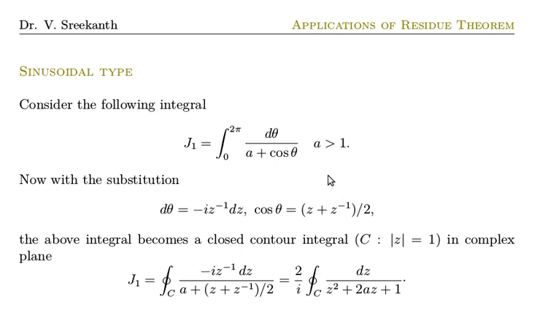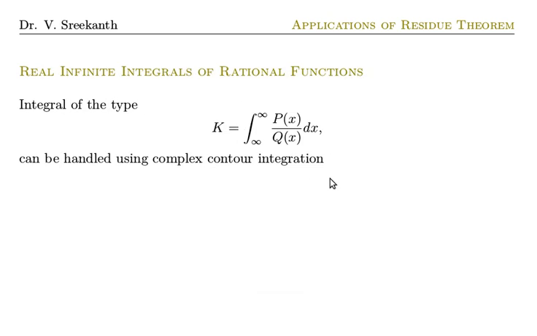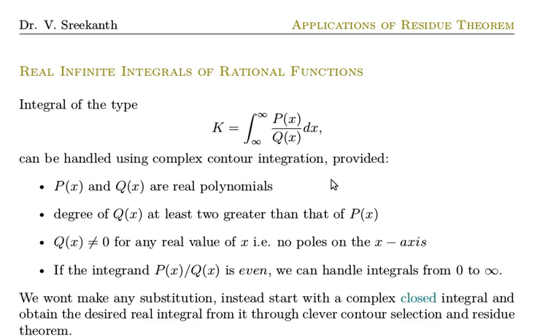Then we saw a third type, which is integrals of rational functions of this type, minus infinity to infinity, p(x) by q(x) dx. Here, with these conditions, remember the conditions, make sure the conditions are met, otherwise you won't be able to do it. Why? It's clear, because otherwise the gamma integral won't go to 0, right? There will be some value for it. As r goes to infinity, gamma will always blow up, right? That is the reason.